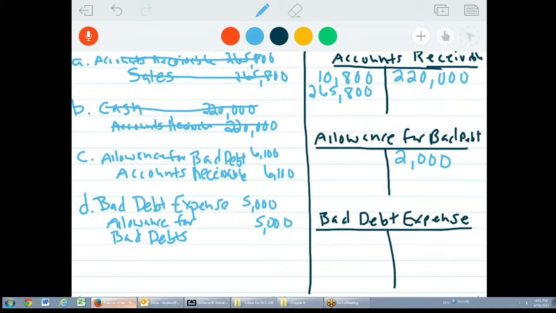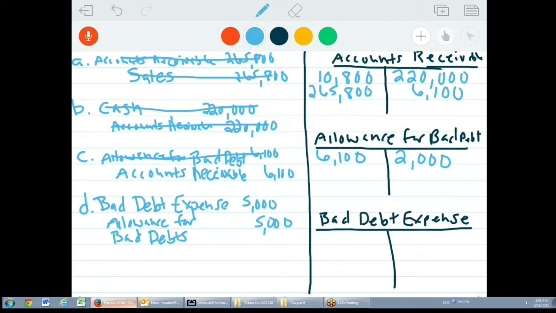And for transaction C, we recorded a debit to the allowance account to write off an account. Now notice at that point, we would end up with a debit balance in the allowance account. What that would mean is we wrote off more than we estimated. So we've got 6,100 versus 2,000 there. We would credit accounts receivable 6,100 to remove the account.